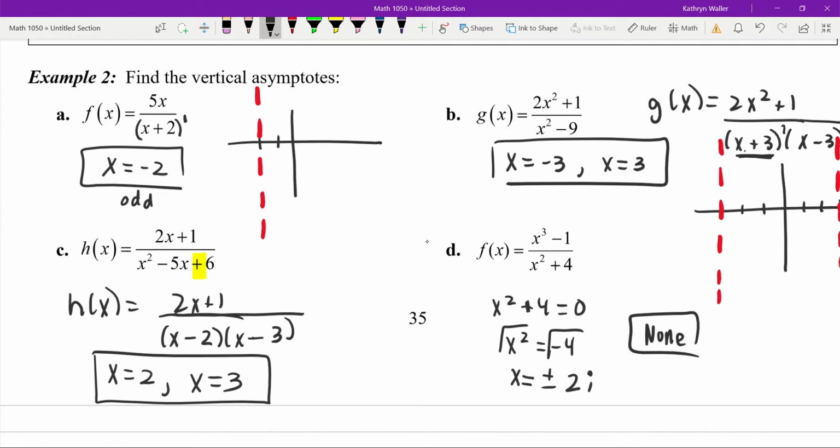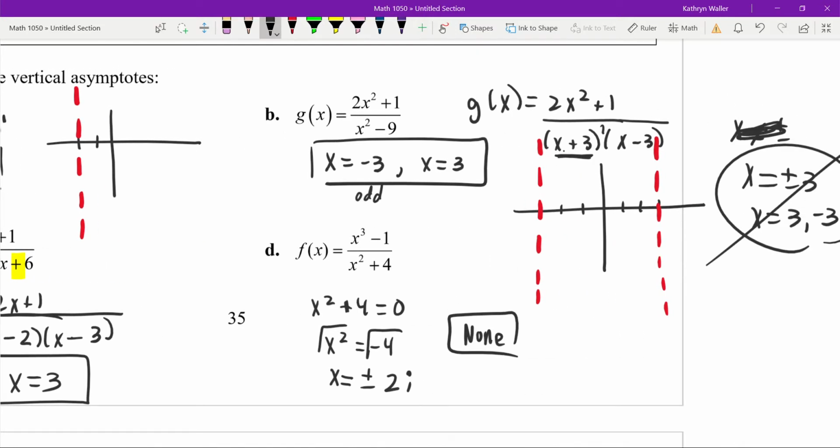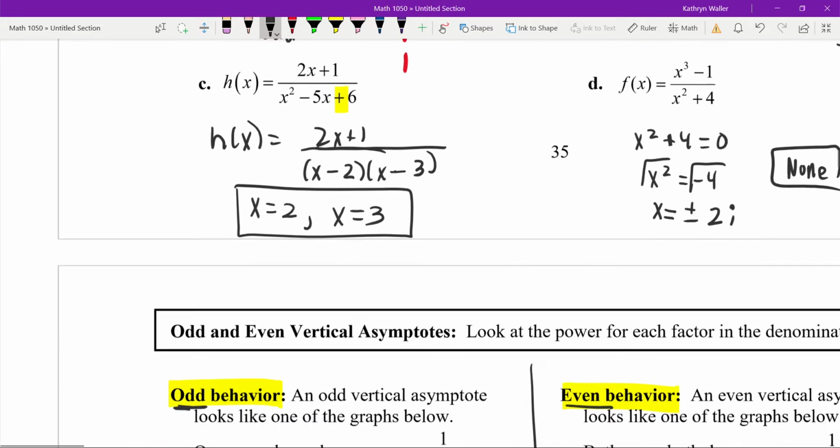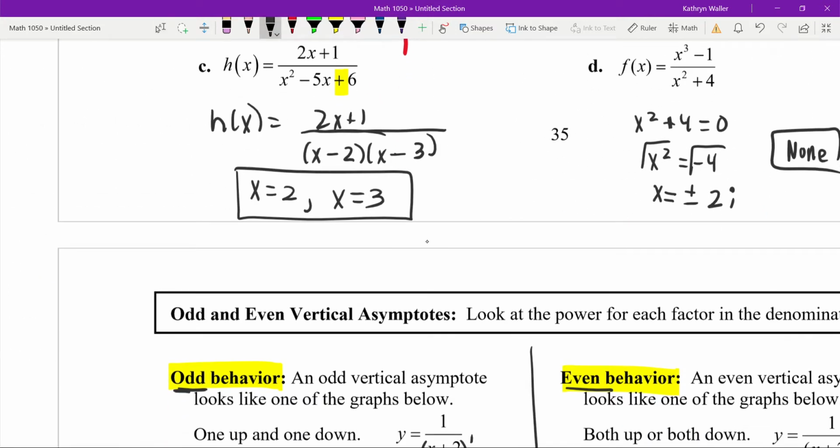The exponent's 1. That is going to be odd. Do you see why I'm having you write them separately? Because one might be even and one might be odd. And if you do the plus or minus thing, how are you going to differentiate? Okay, x equals 3 came from here. Exponent's 1. 1 is odd. Let's do this next one. Question C. X equals 2 came from here. Exponent's 1. 1 is odd.